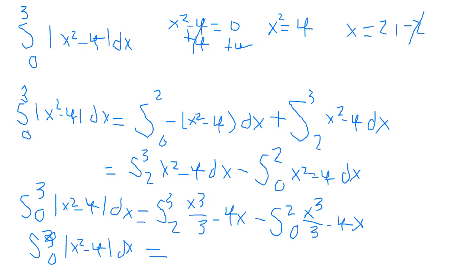You have your negative 3 plus 16 over 3 plus 16 over 3. And that would equal negative 9 over 3 plus 32 over 3, which is 23 over 3. That's your final answer.